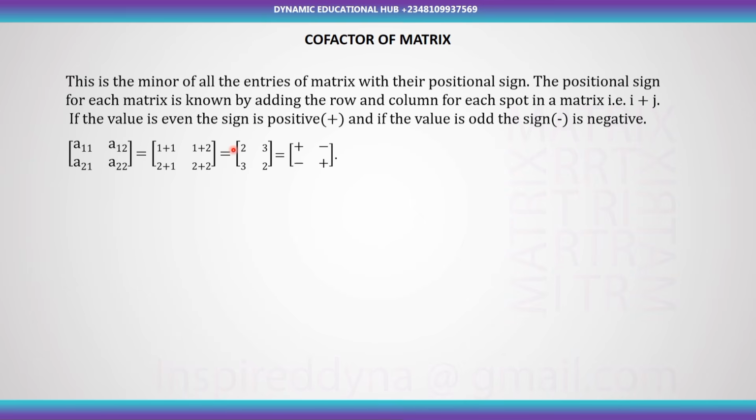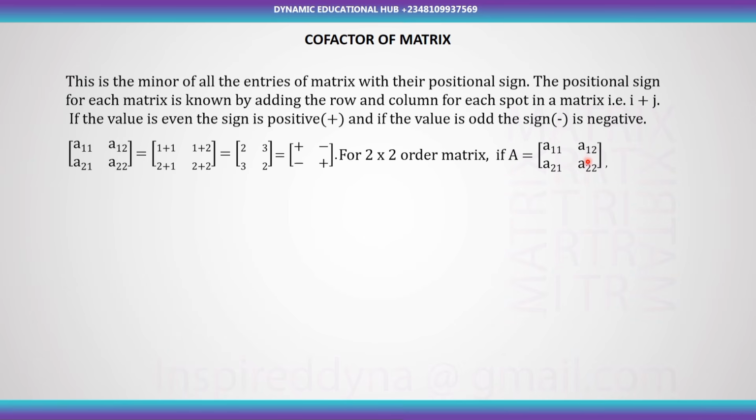What does that imply? 2 is plus. Why is it positive? It is positive because it is even. 3 is odd, negative. 3 is odd, negative. 2 is positive. Now for a 2x2 order matrix, if A is this, how do we find the cofactor?